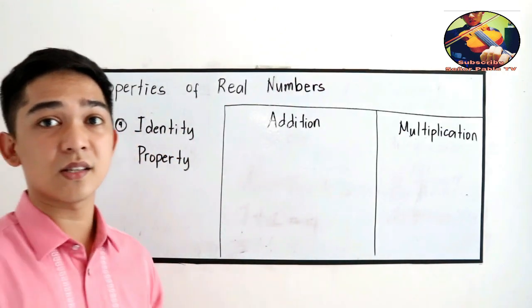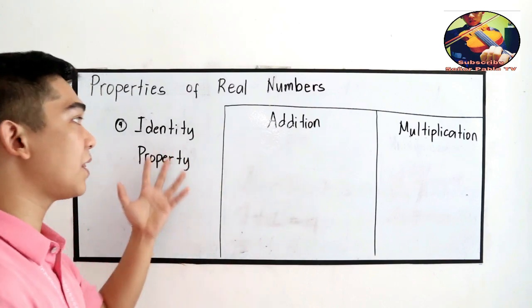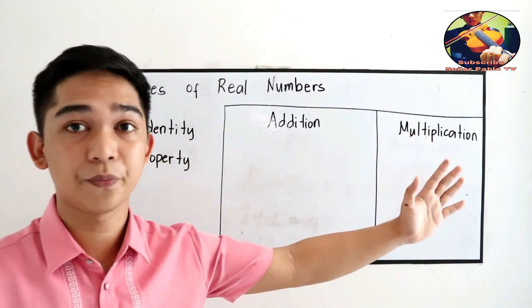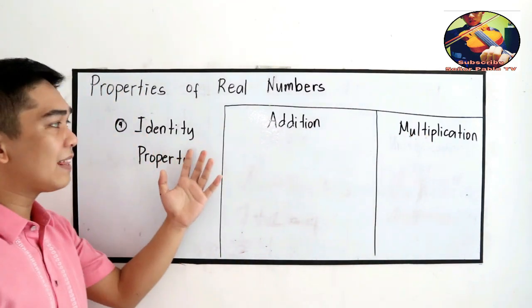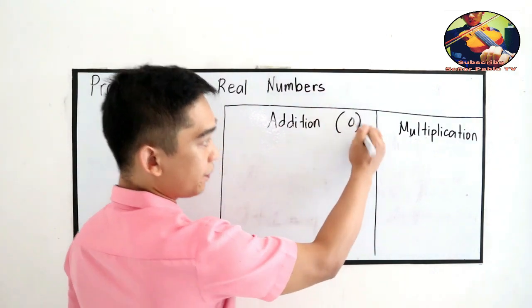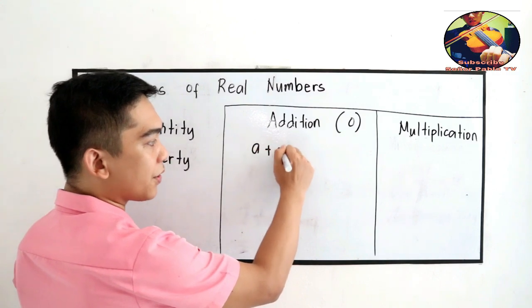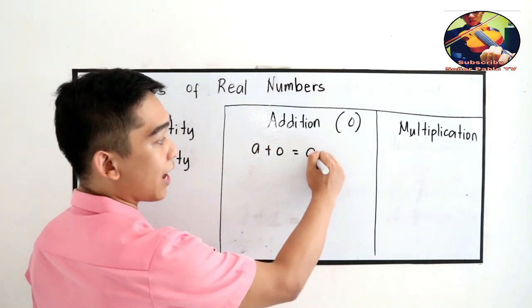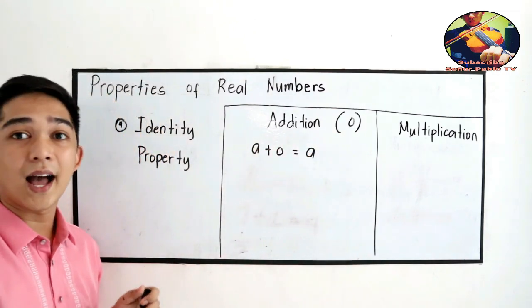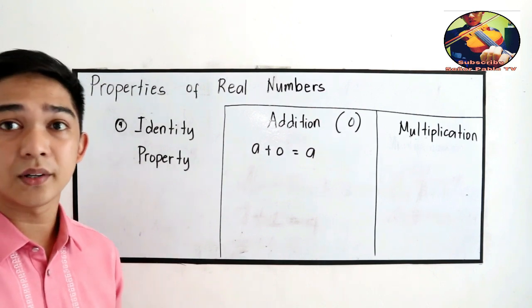Next property is the identity property of addition and identity property of multiplication. The identity property of addition is 0. That's why A plus 0 is equal to A. Any number added to 0 is equal to that number.